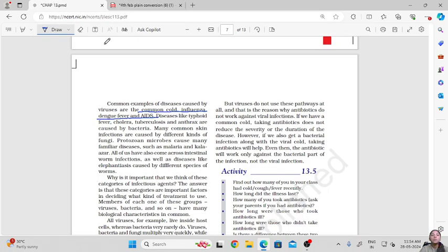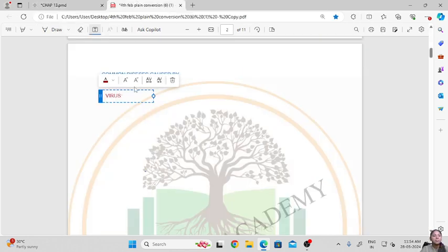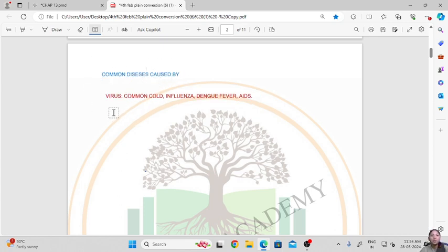So common diseases caused by virus are common cold, influenza, then dengue fever and AIDS. So these are the common diseases which are caused by viruses, that is common cold, influenza, dengue fever and AIDS.